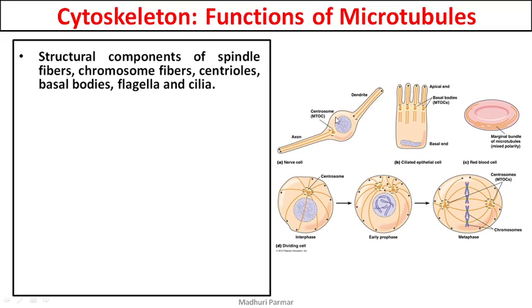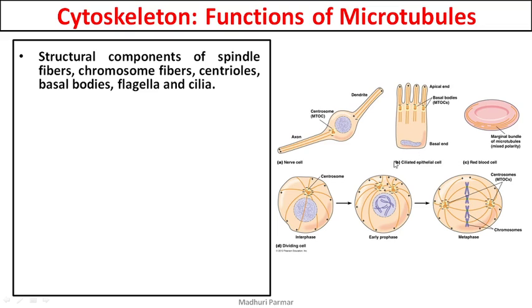Here, what you see is a normal nerve cell. This is a dendrite and this is an axon. So even all of these portions will have microtubules. Then this is during cell division. You can see these are the centrioles, and from the centrioles the orange colored fibers are nothing but microtubules, or spindle fibers, which are made up of microtubules.